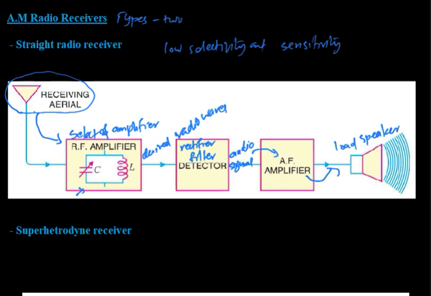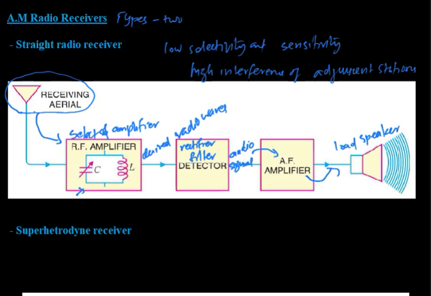Also, these straight radio receivers have high interference of adjacent stations. So due to these two reasons, low selectivity and sensitivity and higher interference of adjacent stations, straight radio receivers are not used in radio communication systems nowadays.